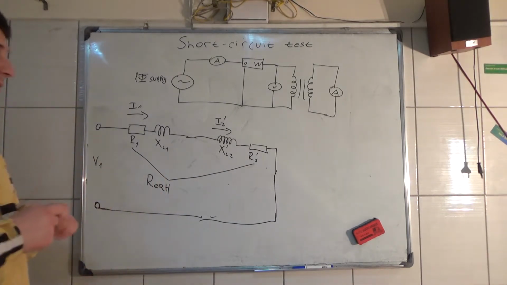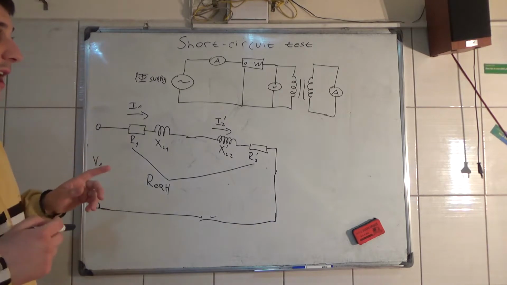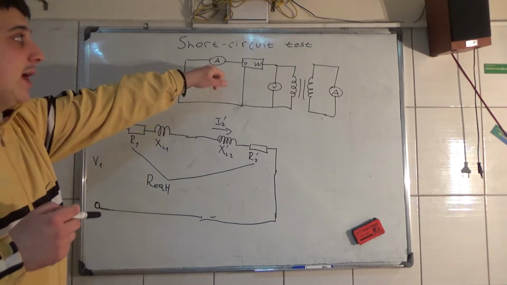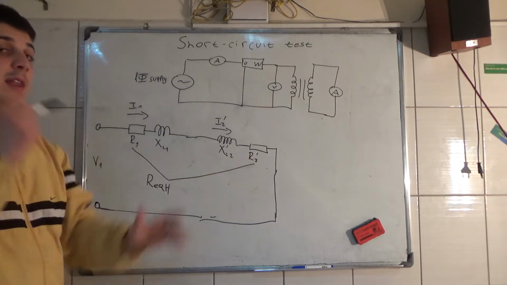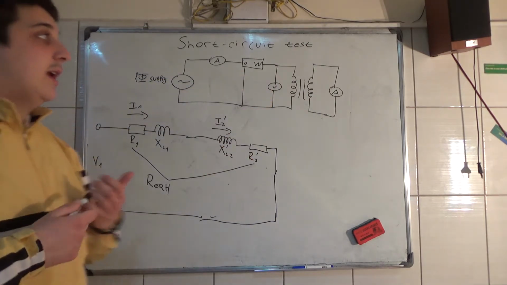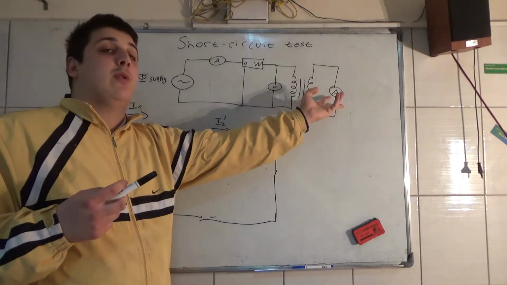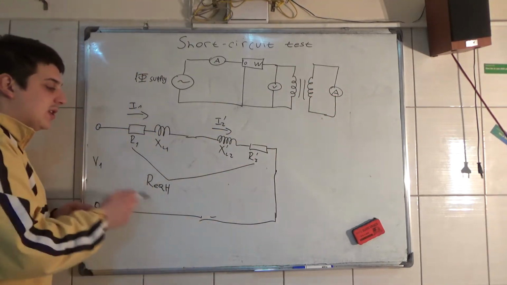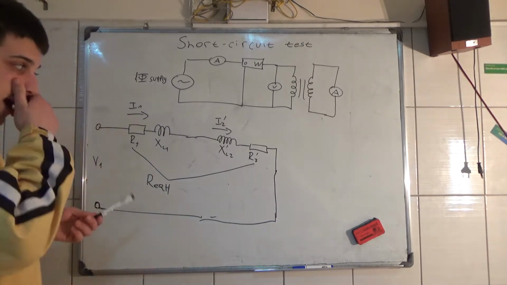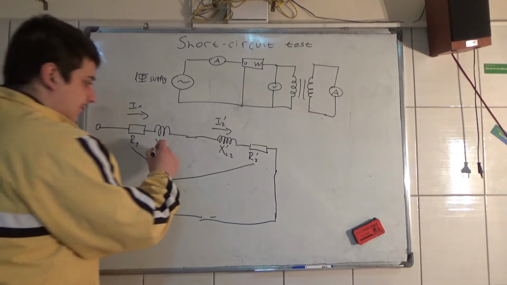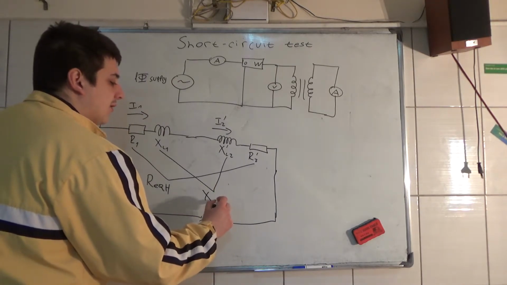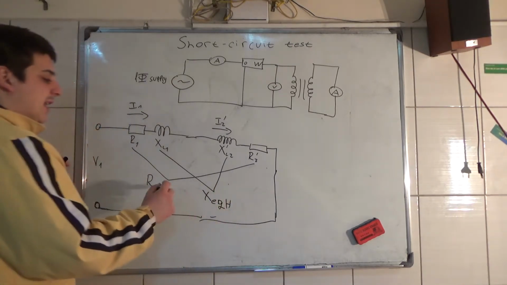In this test, the high voltage side is measured with ammeter, wattmeter, voltmeter, and the low voltage side is short circuited. So this here is the high voltage side, and this is the equivalent reactance of the high voltage side.